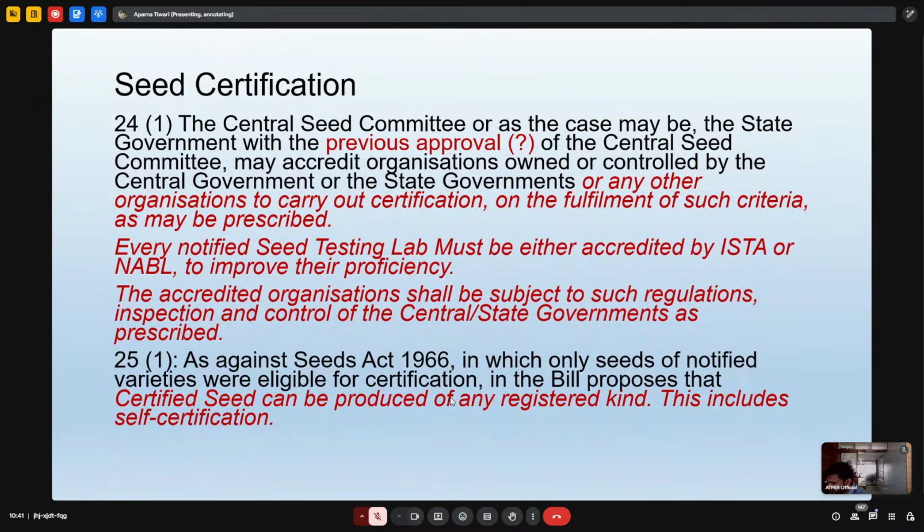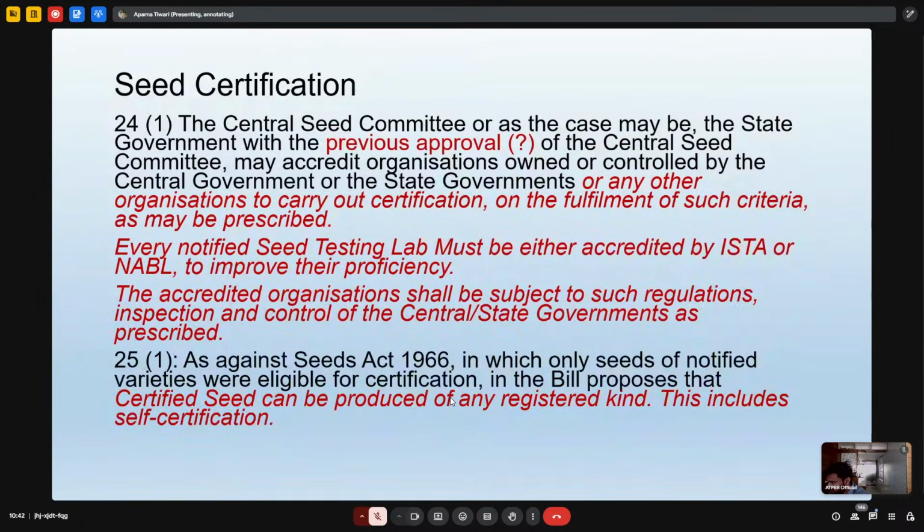This is a very, very progressive step, I consider, because this also includes the private sector, or as in the 2004 bill, it was termed self-certification, because the companies who are producing seed can also be accredited to carry out certification. Because even the labeled seed or truthfully labeled seed is also a kind of self-certification, that I am assuring that my seed has such and such quality parameters.